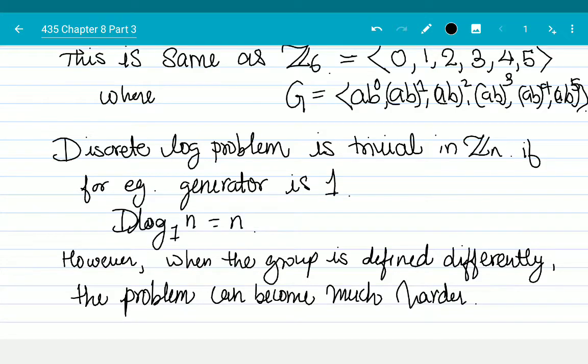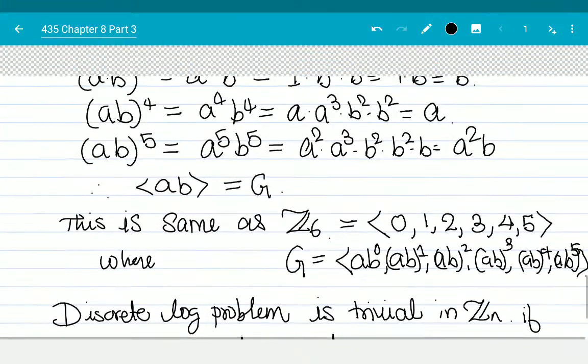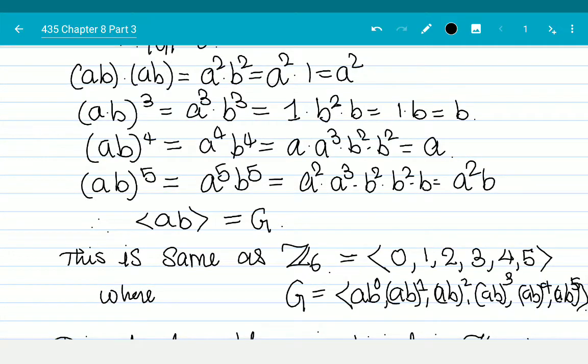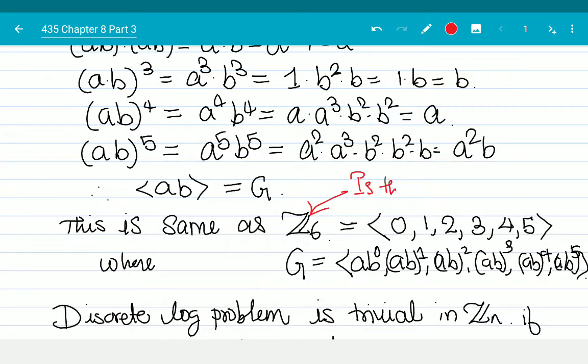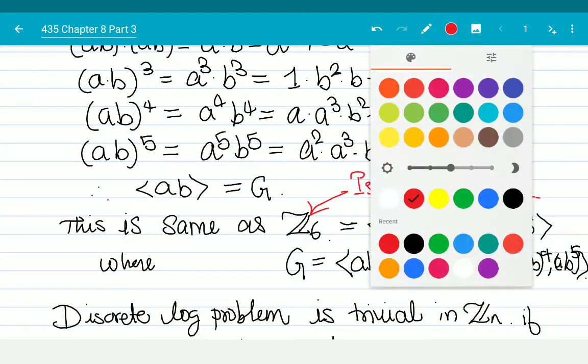So for you guys, it might have been hard trying to figure out whether G is cyclic or not. If I had given you the group Z6 and asked you, is this group cyclic? The answer is, of course, yes. It's really trivial to see, right?